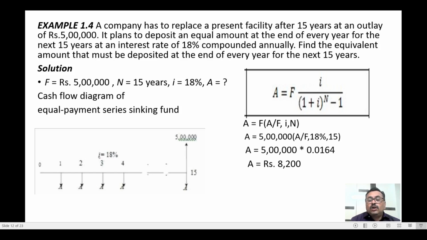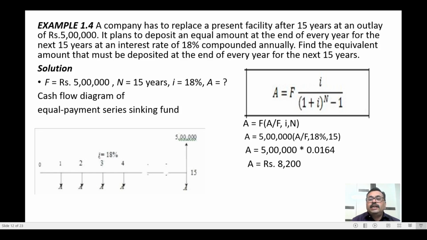It can also be represented as A is equal to F into (A/F, I, N). That is, A we have to calculate, F we know, I we know, and N we know. F is 5 lakh rupees that we need, and A/F, I is 18% and 15 years is the ratio.